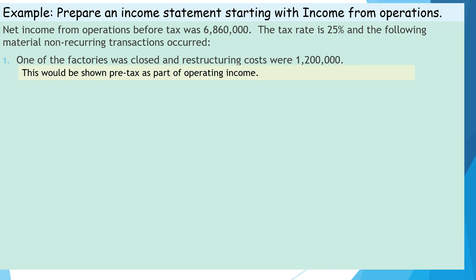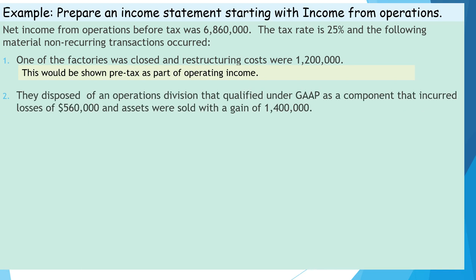They changed it, so this would be treated pre-tax and as part of operating income. They disposed of an operations division that qualified under GAAP as a component that incurred losses of $560,000, and assets were sold with a gain of $1.4 million. This would be part of discontinued operations and show net of tax.